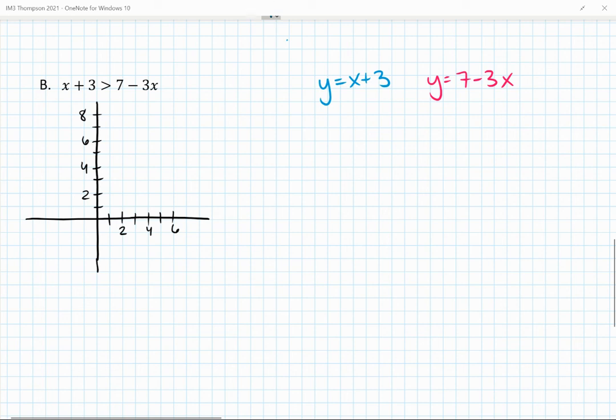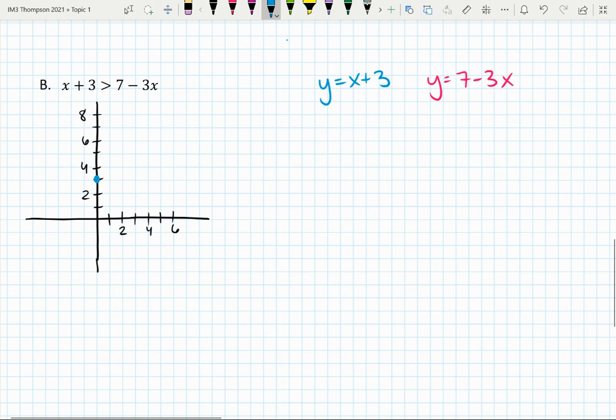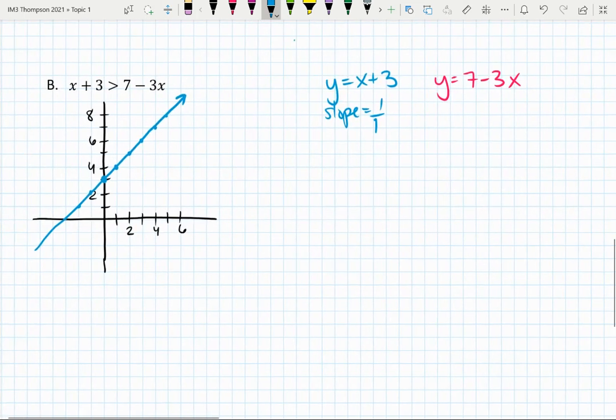All right, so we graph the first line, y equals x plus 3, which means I have a y-intercept of 3 and a slope of 1 over 1. The next equation is not written in the format that I'm used to seeing it.